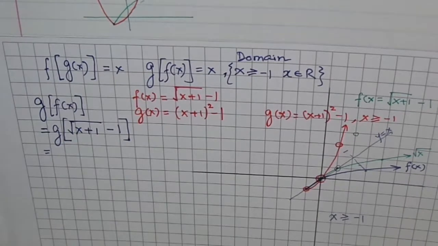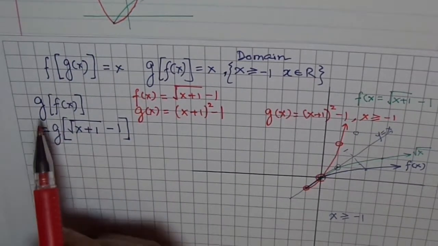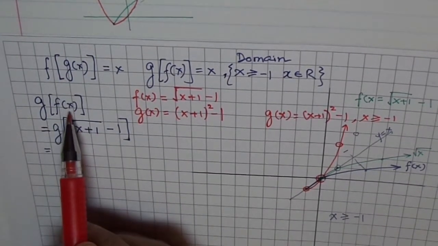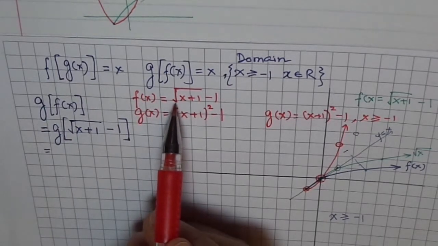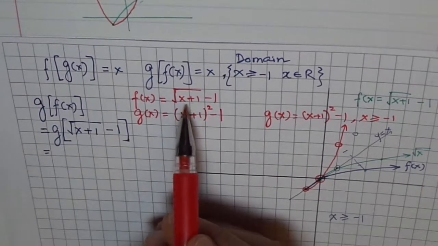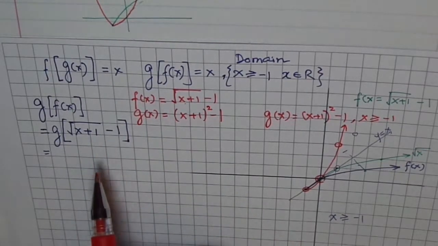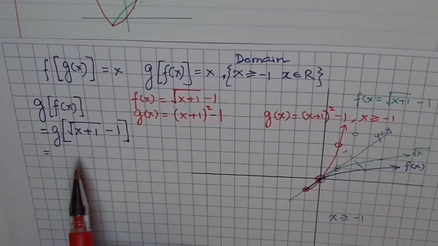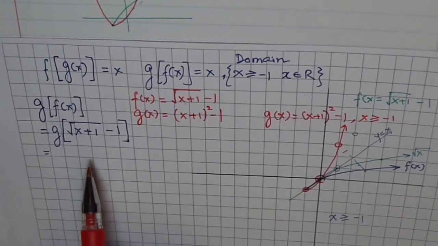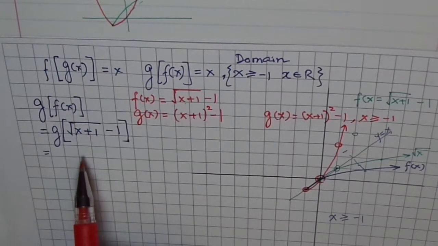Now, when we say g of f(x), f(x) is square root of x plus 1 minus 1, and we bring this value inside. Do you see that? So it is a function of a function. It's kind of complicated for grade 11 students, but makes more sense for grade 12 students. But in any case, try to understand. You can probably still understand if you know the function notation chapter very well. Let's go ahead with this.